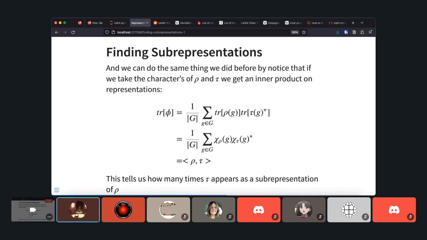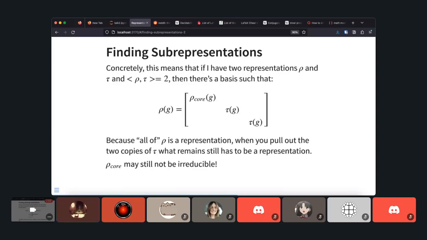Because if all you have are two reducible representations, it's just a lot trickier to figure things out.